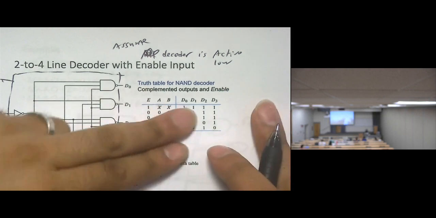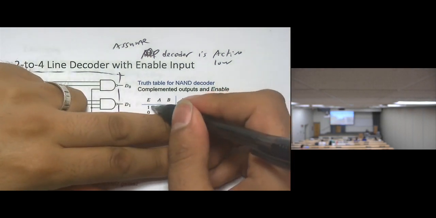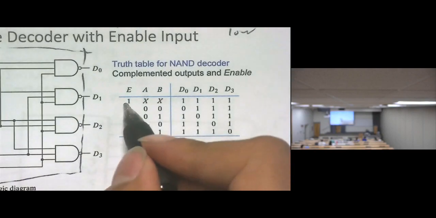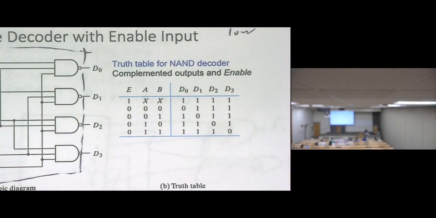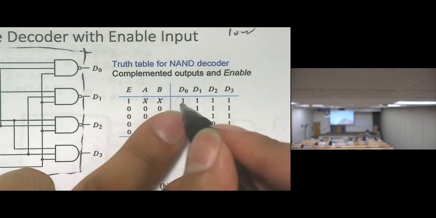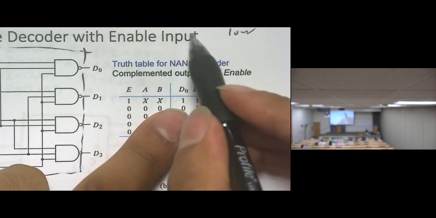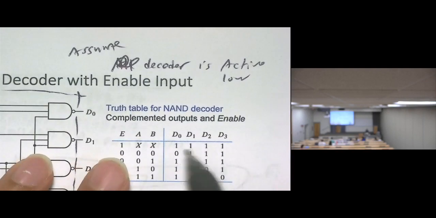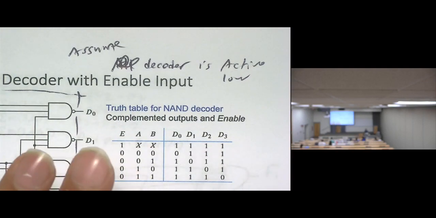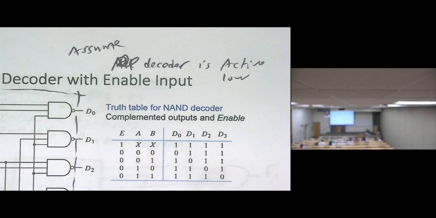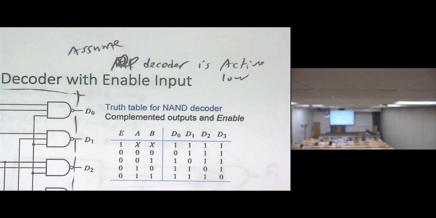When the enable is 1, which is active low, that is equivalent to off. Then the outputs should be off. Since I assume the decoder is active low, the outputs will be 1s, which means there are no outputs. What's the value of A and B? Don't care, it doesn't matter. Then all the outputs should be off.